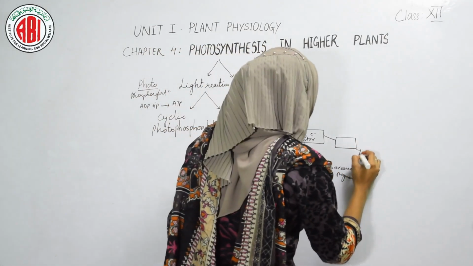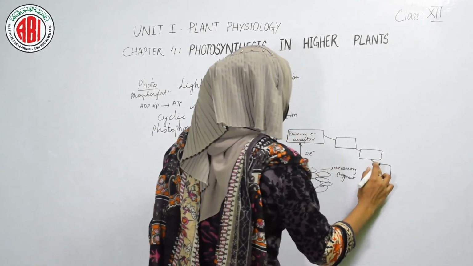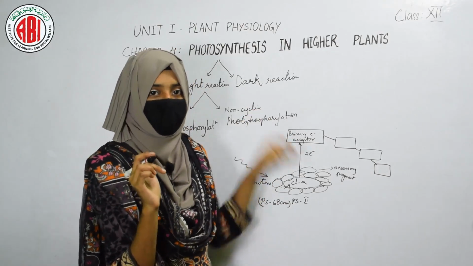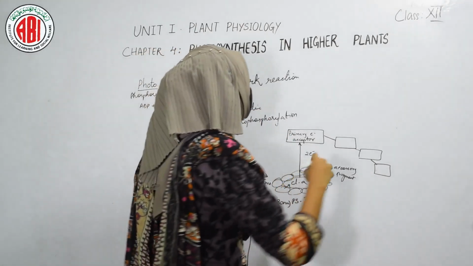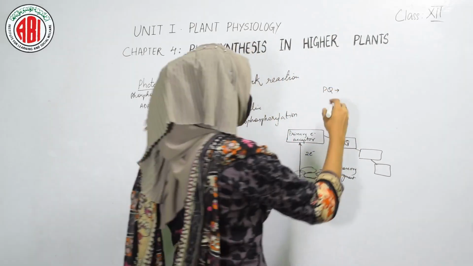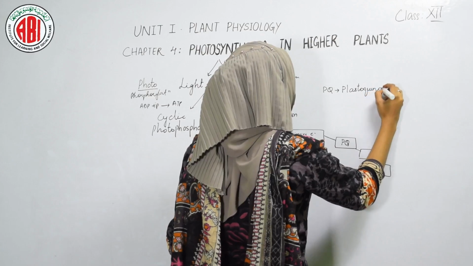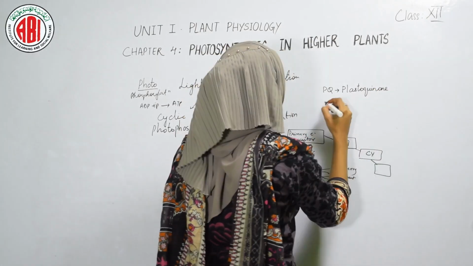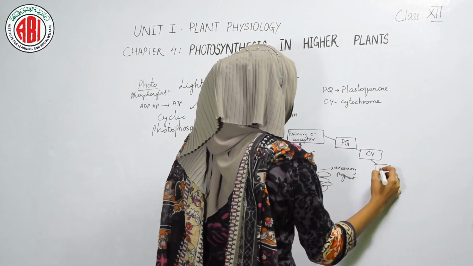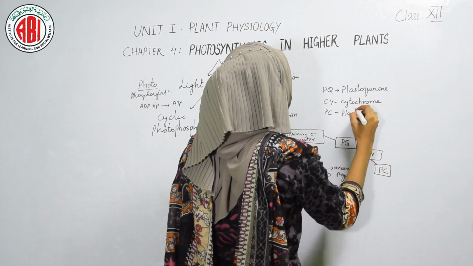So here three electron acceptors are involved in making the electron transport chain, through which the electrons come down to the lower level. Here the first one is PQ. Let's write the full forms here. PQ is an electron acceptor called Plastoquinone, CY stands for cytochrome, and the third electron acceptor is PC, that stands for Plastocyanin.